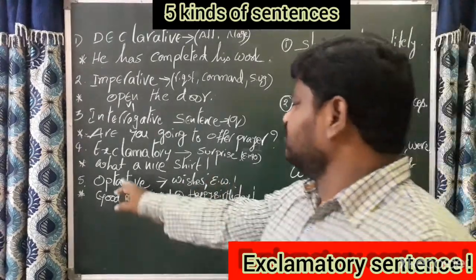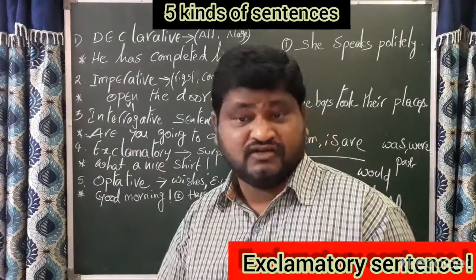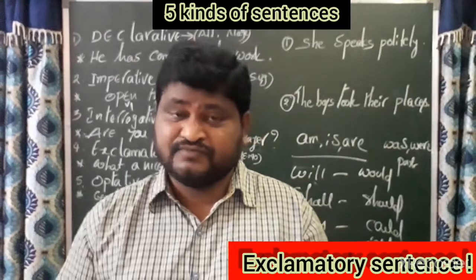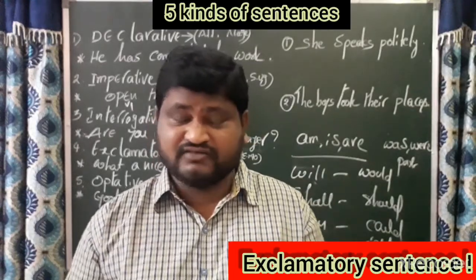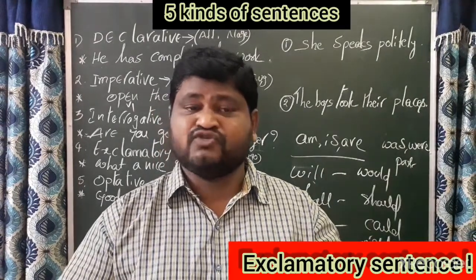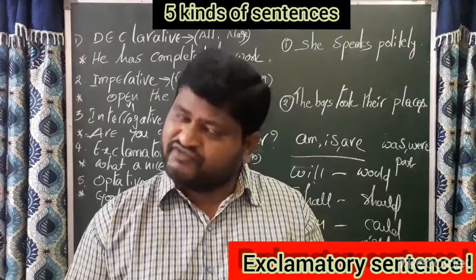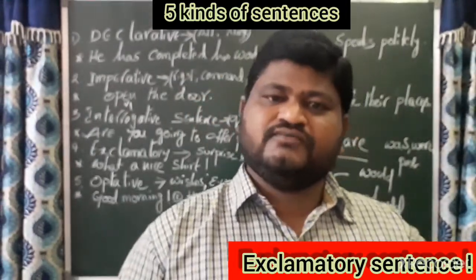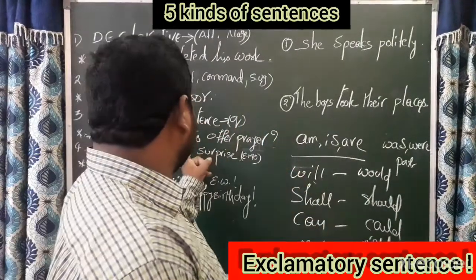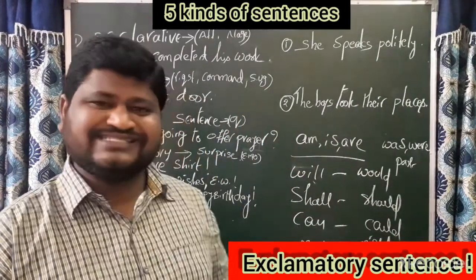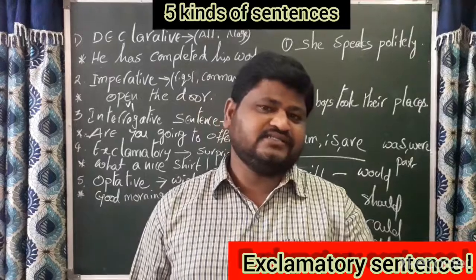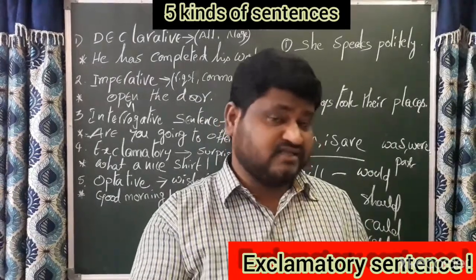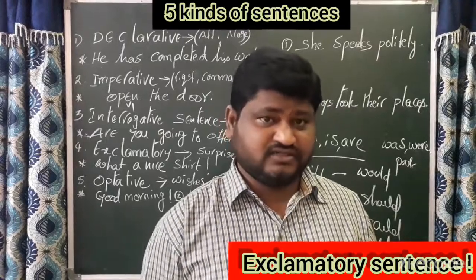For example, what a nice shirt, wow, this is a nice gift, thank you very much, wow. When we are surprised, we use exclamatory sentences. Exclamatory sentence with the exclamation mark. This is very important, friends.